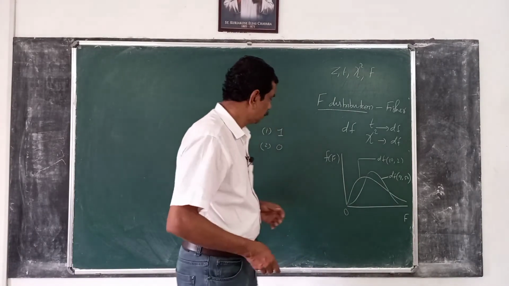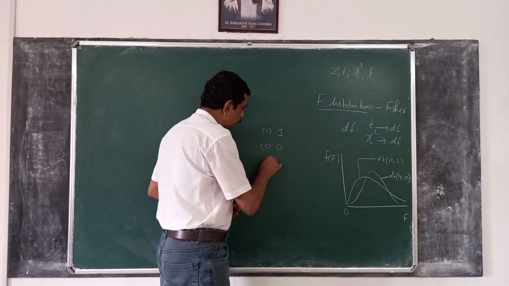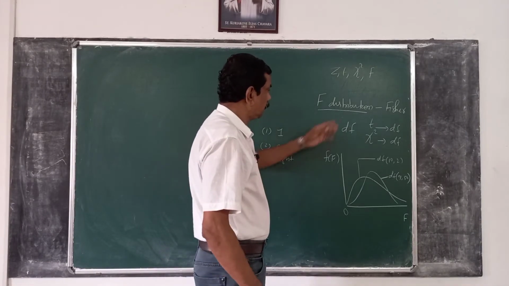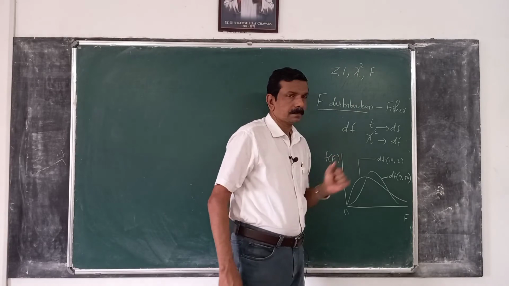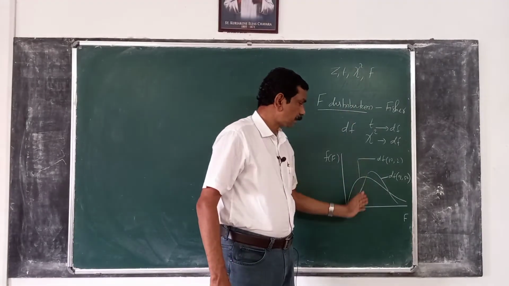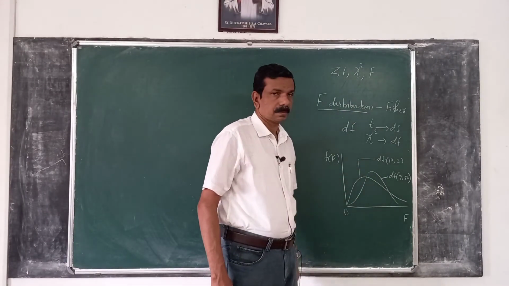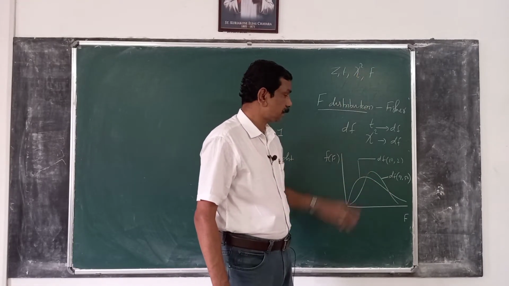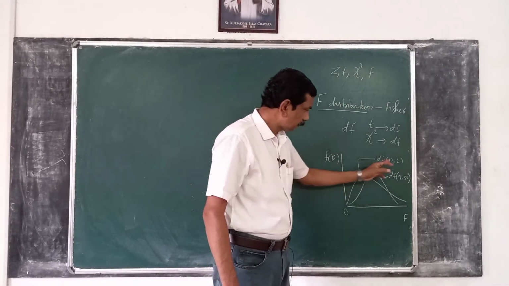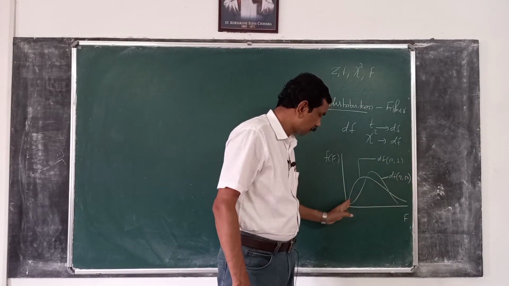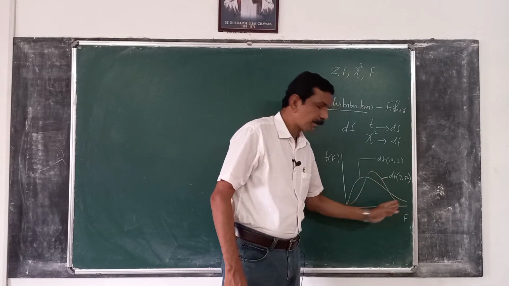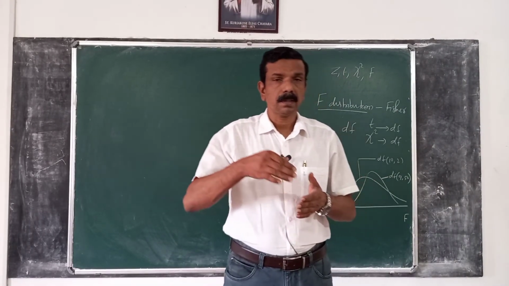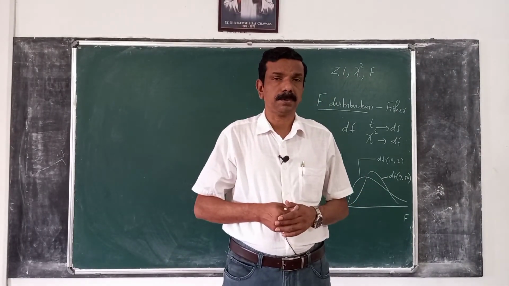The third property is that it is right skewed. Like the chi-square distribution, the F distribution is also right skewed. But as you can see, as in the case of the chi-square distribution, as the degrees of freedom increase, it approximates a normal distribution.